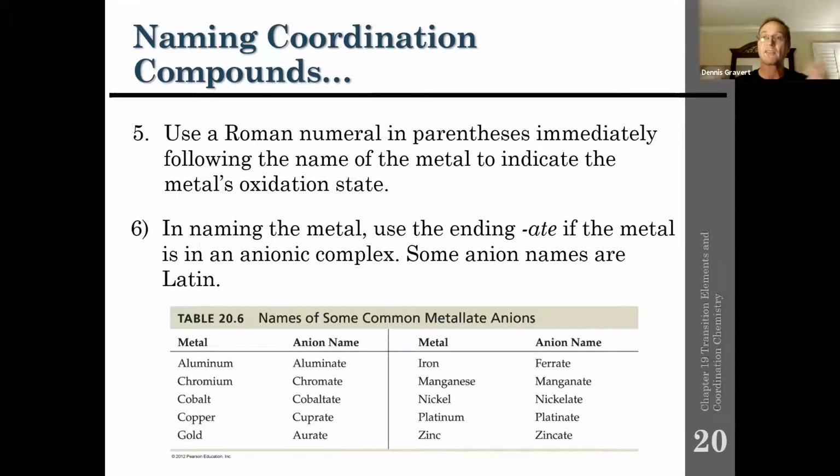But if they attach a whole bunch of negative ligands, the whole net charge might be negative. If that's the case, then we use the ending -ate at the end of the whole name to represent that the whole thing has a net negative charge. You remember the -ate ending, like in sulfate and nitrate, oxalate, permanganate. Those are a whole bunch of anions. So we're just following the same pattern.